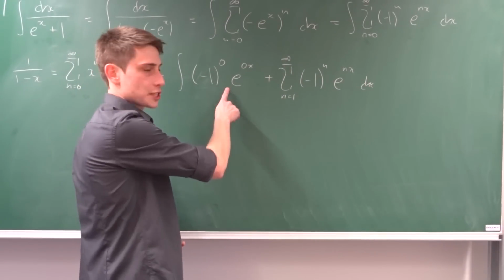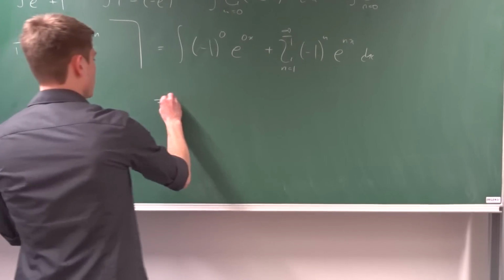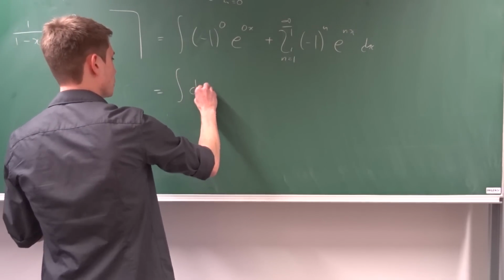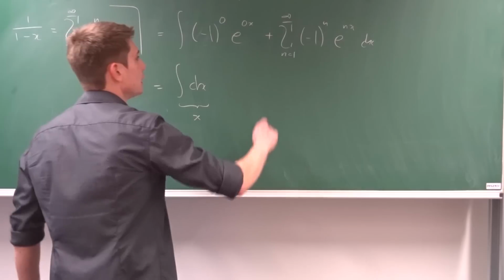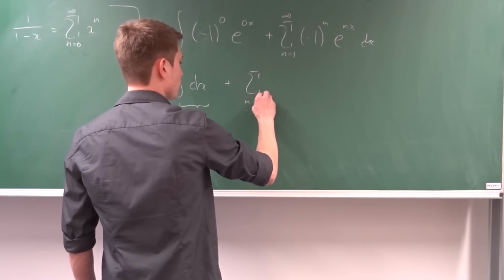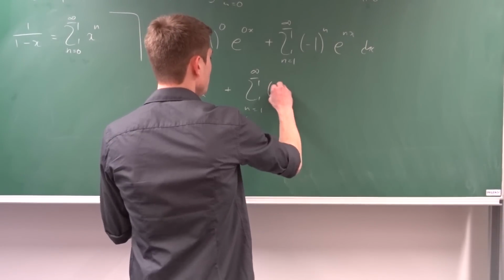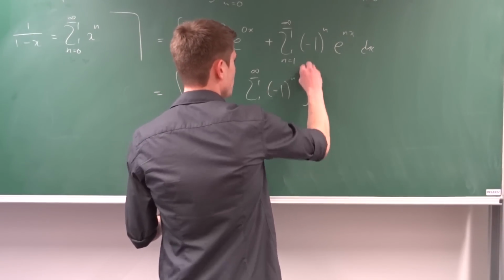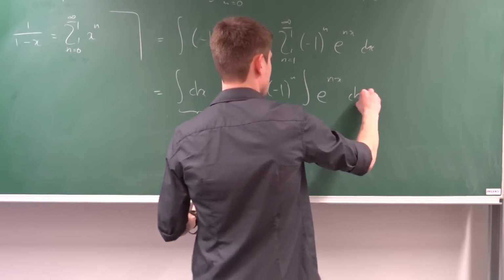This first part is just a 1, and we can use linearity of the integral and break this apart. Our first one is just the integral of dx, and this is indeed just x. Then positive, bringing the sum to the outside, from n equals 1 to infinity, and also this minus 1 to the nth power. We now only have to integrate e to the nx dx.